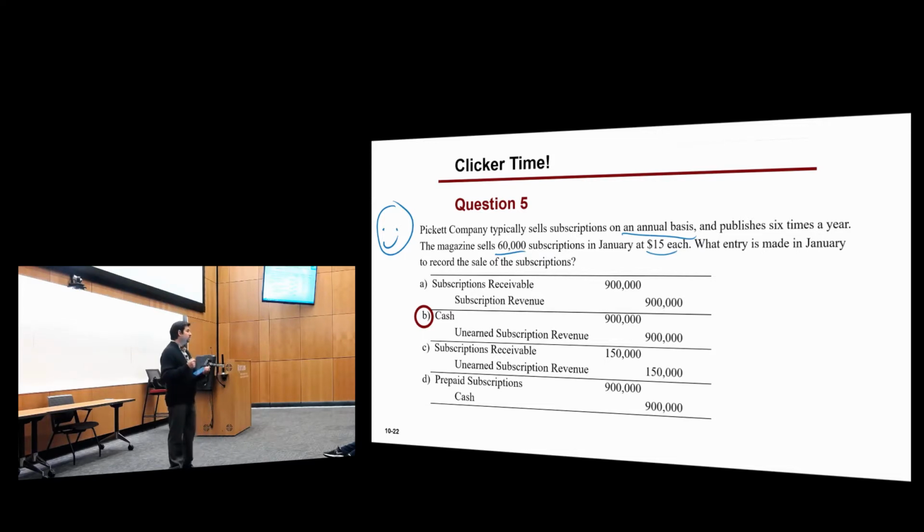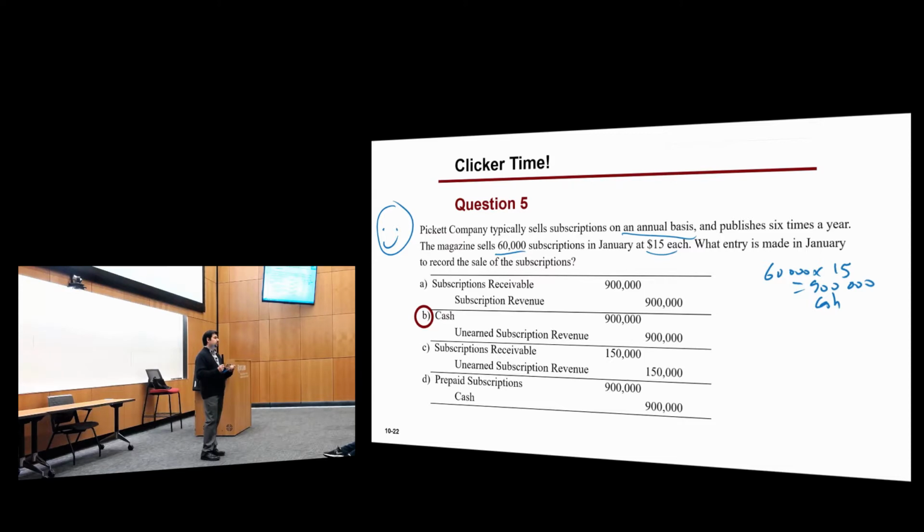The company will simply receive cash. How much? They will receive 60,000 multiplied by $15. That's 900,000 in cash. So cash will be debited 900,000.